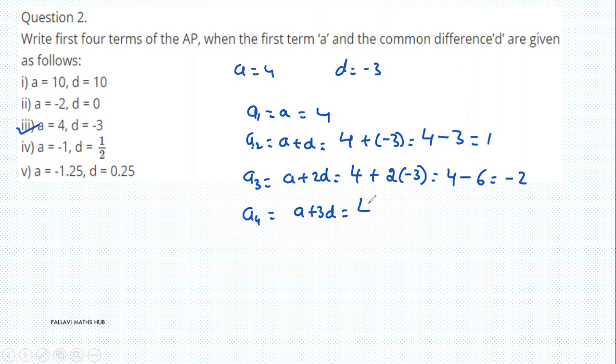The value of a is 4 plus 3 into minus 3, which is 4 plus into minus, minus 3 3s are 9, which is equal to minus 5. So write it in the order 4, 1, minus 2, minus 5. This is the answer.